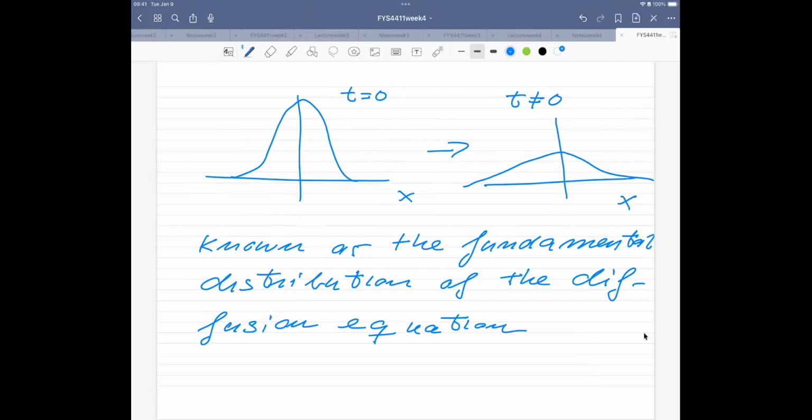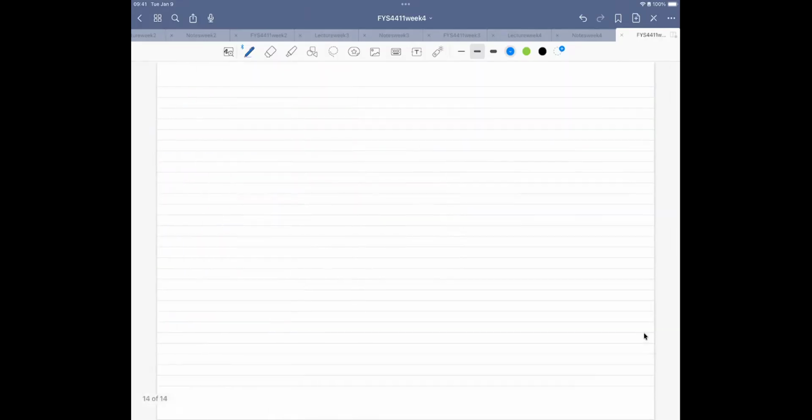So if you now think of the convolution theorem, let me just bring that up as a small digression here.